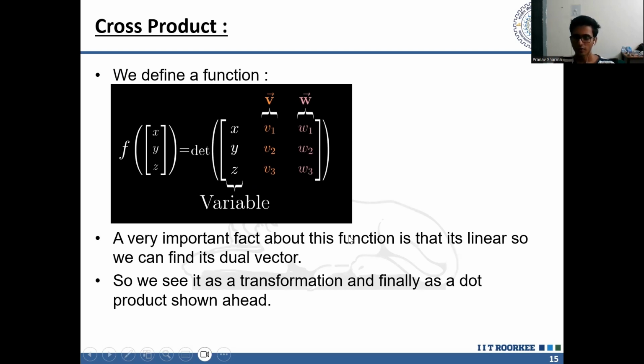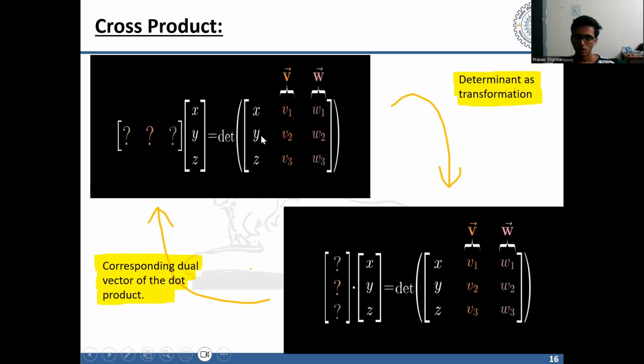Now, a very important fact about this function is that it is linear. So as we learned before, linear functions can be associated with a dual vector. Now, to see it as a transformation and finally as a dot product shown ahead, we associate it with the dual vector. So here is the dual vector.